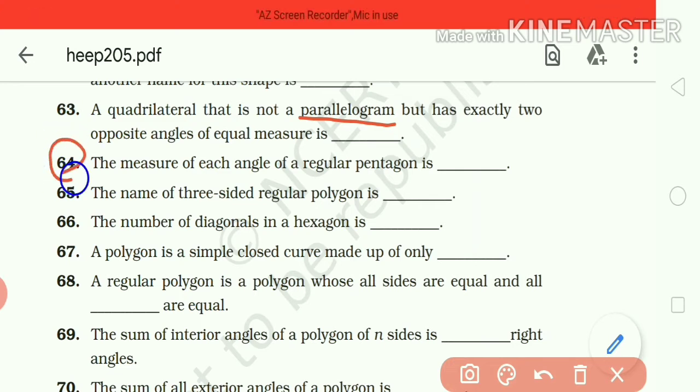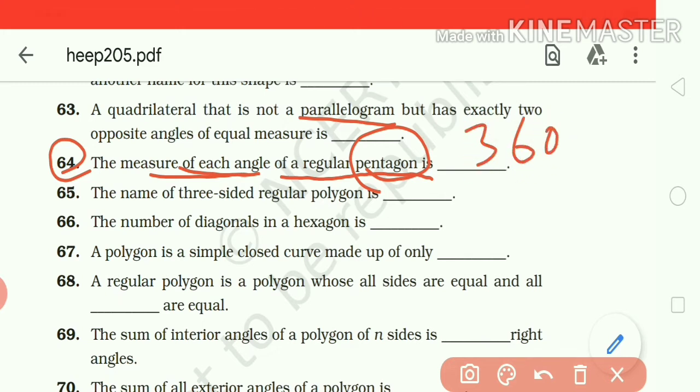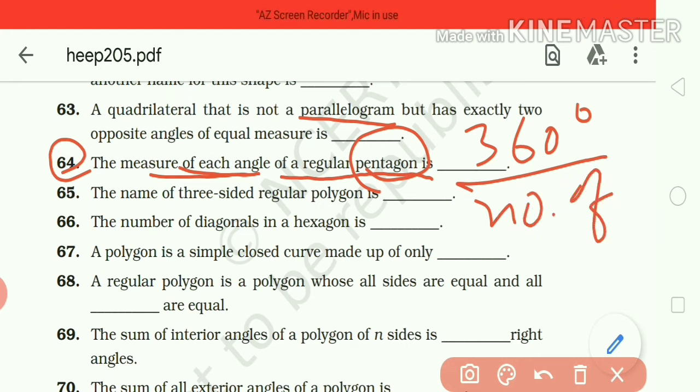Now come to the 64th question. The measure of each angle of a regular polygon is? Okay, which type of polygon we have is not defined. The measure of each exterior angle of a regular polygon is equal to 360 by the number of sides, right? So this is the formula, 360 degrees by the number of sides.